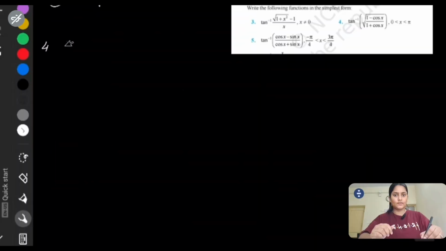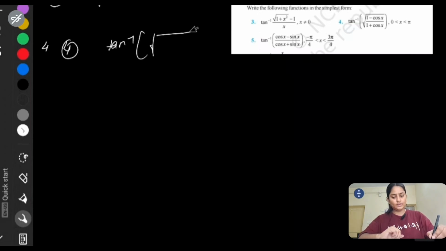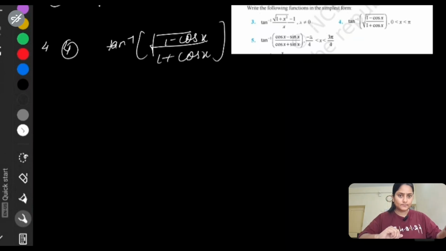Question number 4 is given as tan inverse of the square root of (1 minus cos x) upon (1 plus cos x), where x is greater than 0 and less than pi. Sorry, I have to write here where x is greater than 0, less than pi.